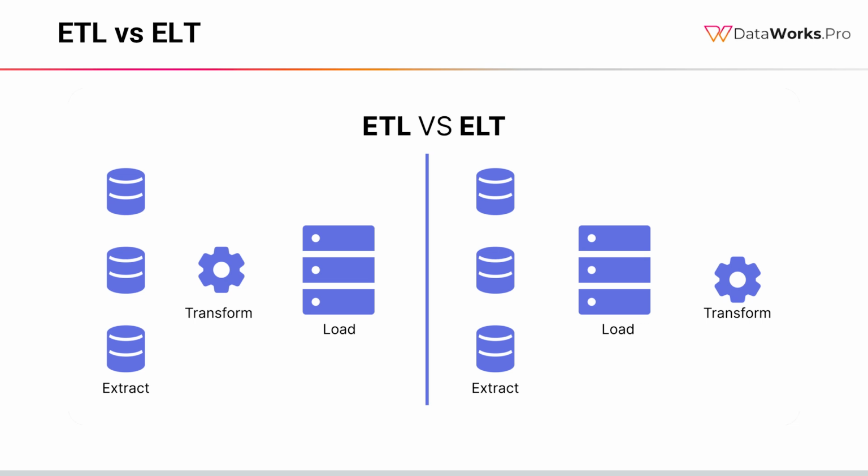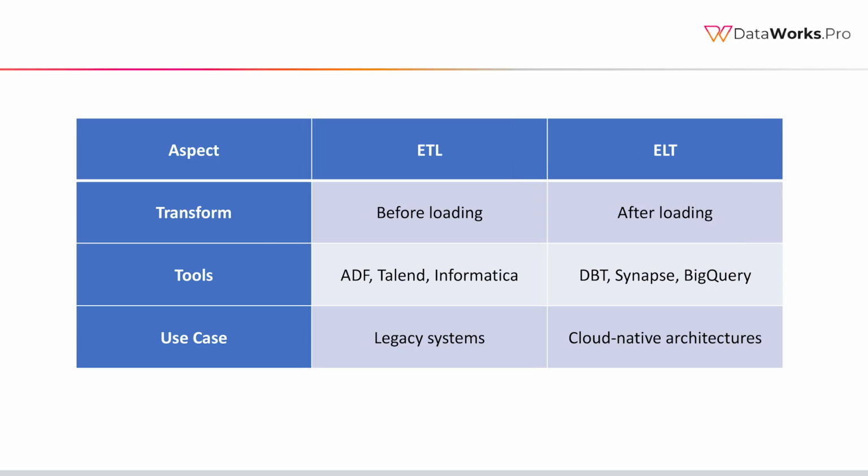Whereas ELT means extract, load, and transform, where we store the raw data first and then clean it inside the database. For example, we upload all the mark sheets first and clean later. ETL is used when we want to store only clean data, whereas ELT is used when cloud storage is cheap and we want flexibility.